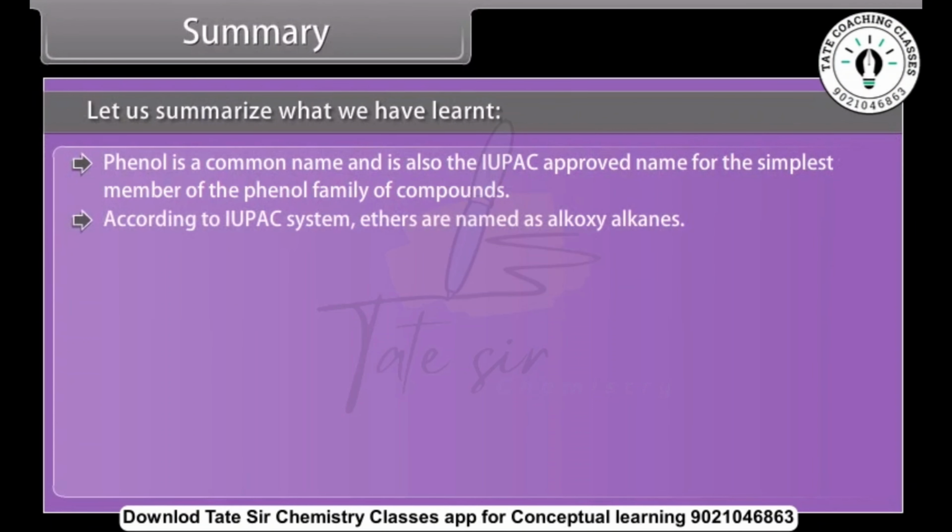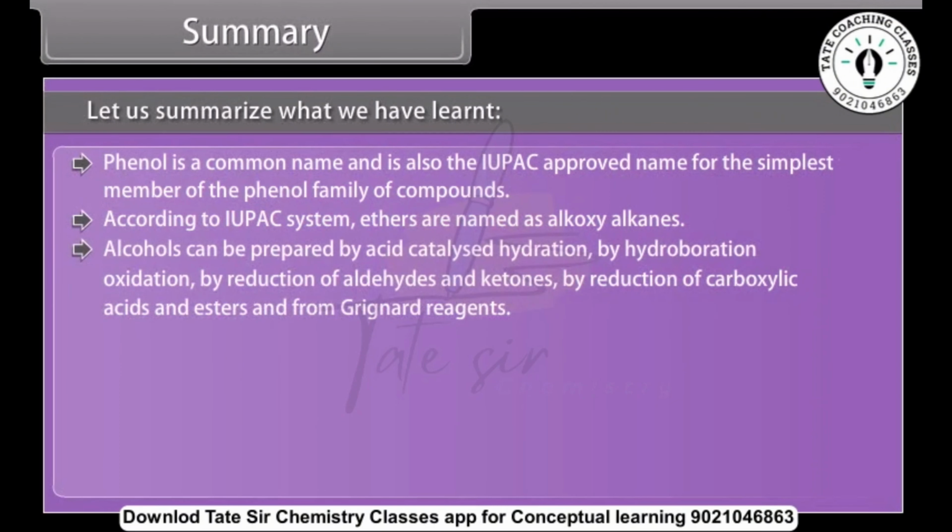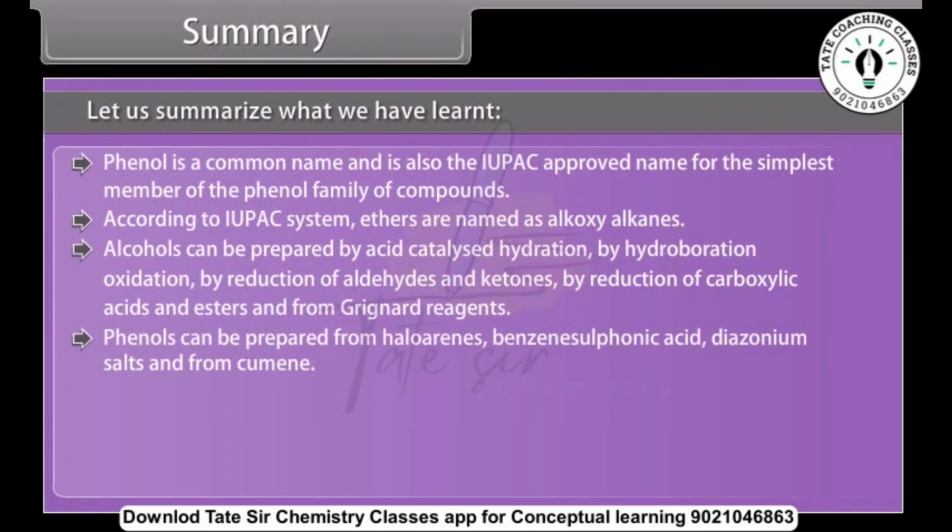According to the IUPAC system, ethers are named as alkoxy-alkanes. Alcohols can be prepared by acid catalyzed hydration, by hydroboration oxidation, by reduction of aldehydes and ketones, by reduction of carboxylic acids and esters, and from Grignard reagents. Phenols can be prepared from haloarenes, benzene sulfonic acid, diazonium salts, and from cumene.